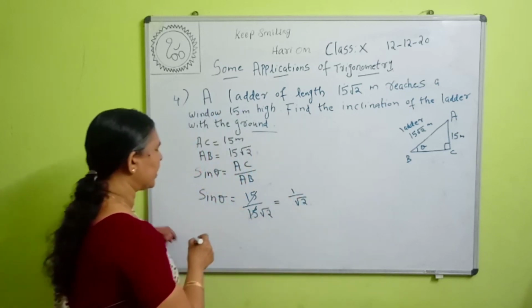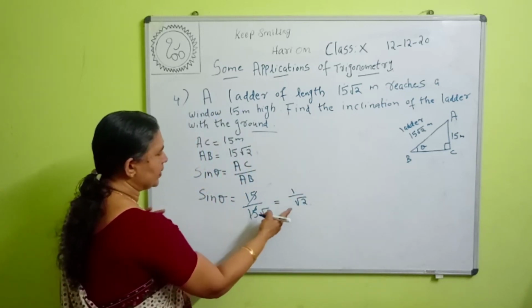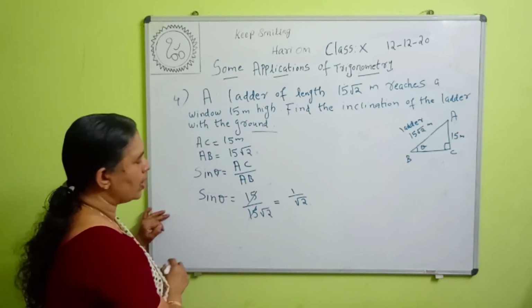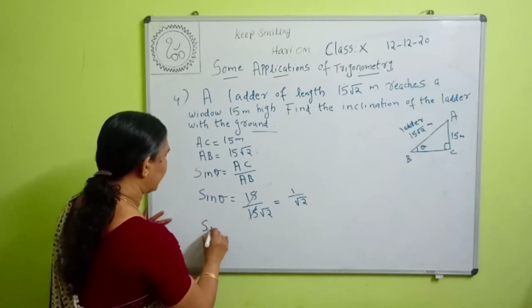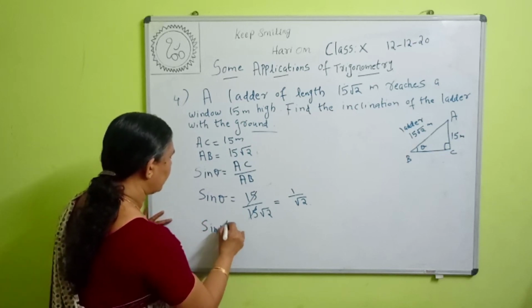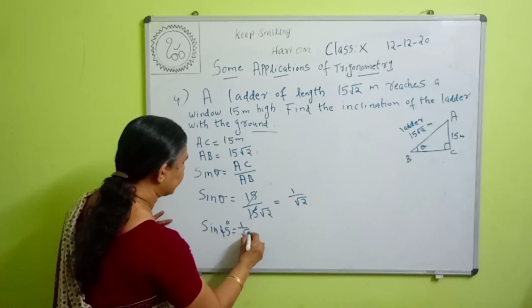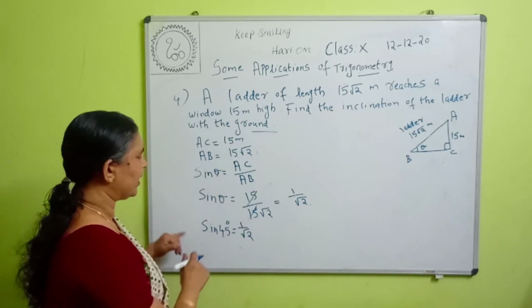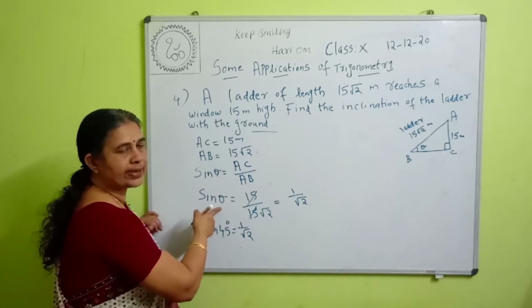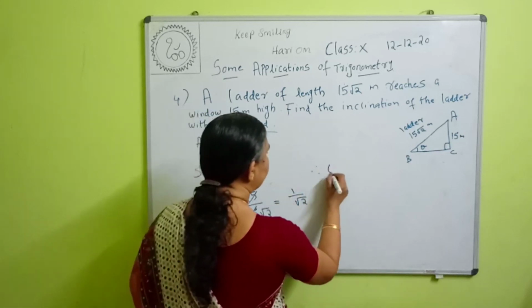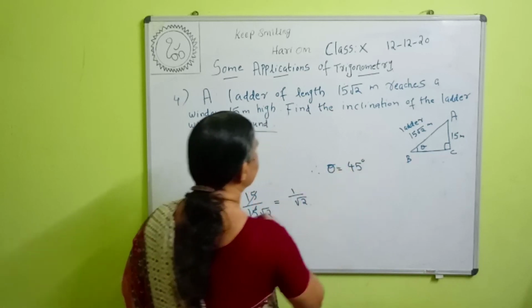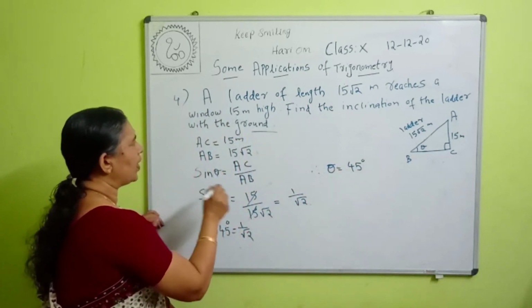Then what is theta here? Sin theta is equal to 1 by root 2. Sine of which angle is 1 by root 2? We know that sin 45 degree is equal to 1 by root 2. Therefore, theta is equal to 45 degree.